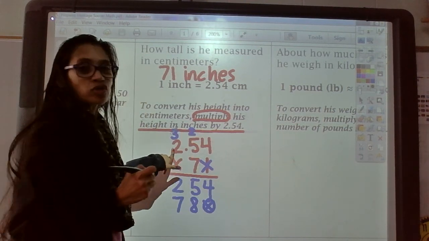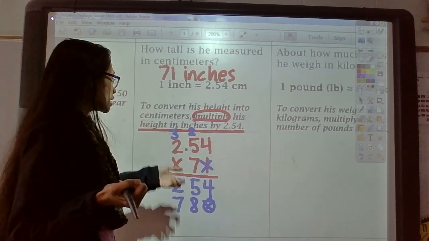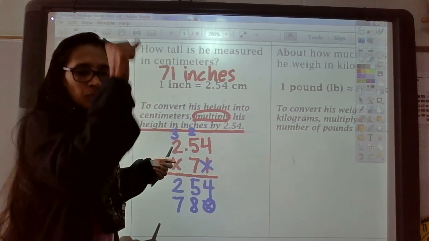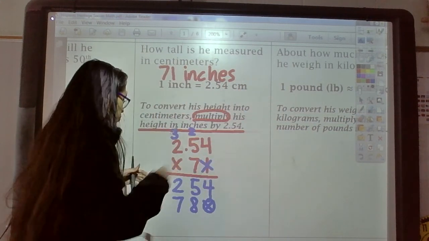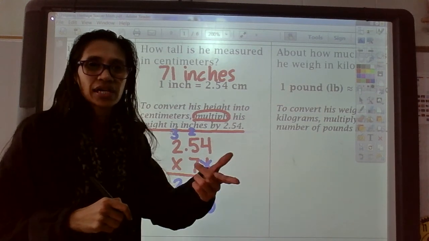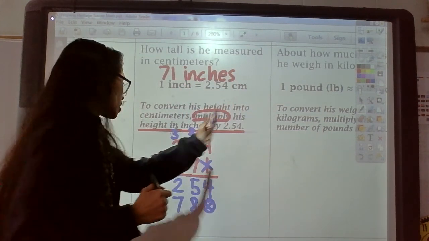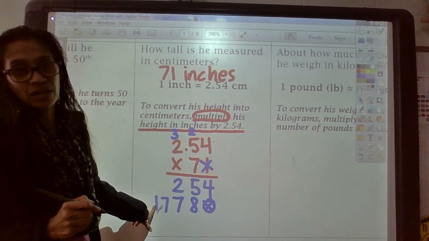And then 7 times 2 is, or 2 times 7 is 14 plus 3. 14, 15, 16, 17. That was 17. Nowhere else to carry, so we write the 17 right there.